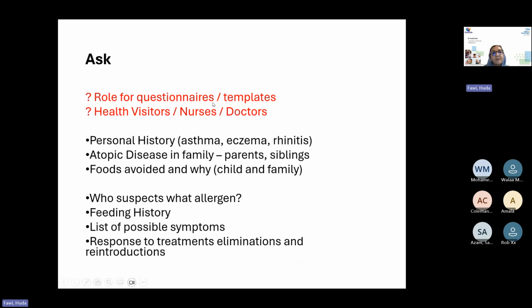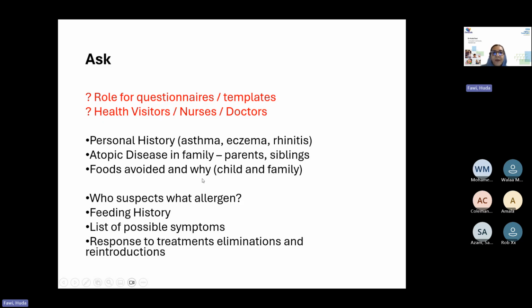When we ask, again, we've got these questionnaires that I told you about, then we ask about the personal history. Does the child have any of the atopic march conditions that we talked about? So is there asthma? Is there eczema? Is there rhinitis? Is there a family history of atopic disease? What about the parents and the siblings?